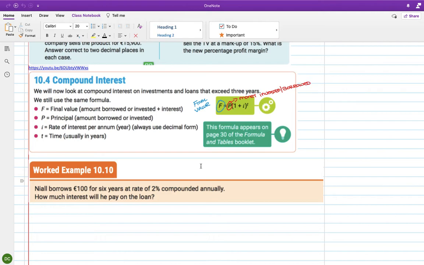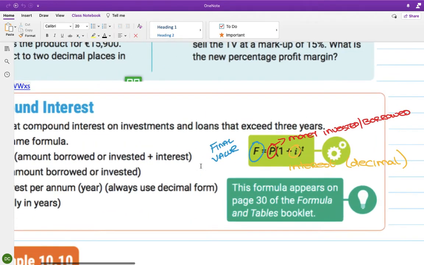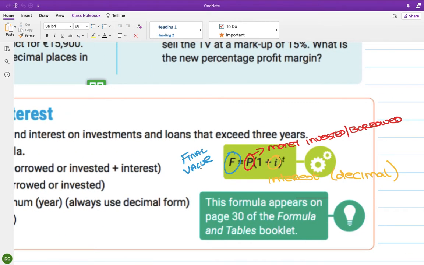I is your interest, and remember, it has to be a decimal. And then T there is your time in years. So how long is the loan taken out for? Blah, blah, blah.